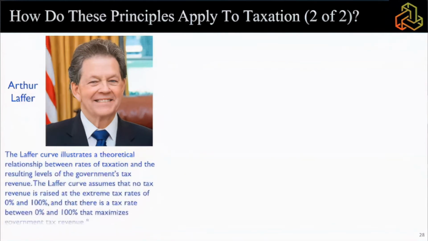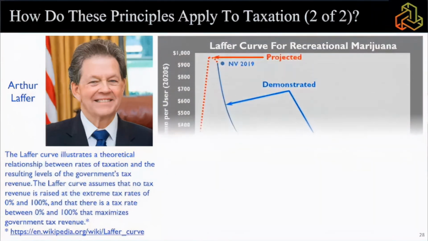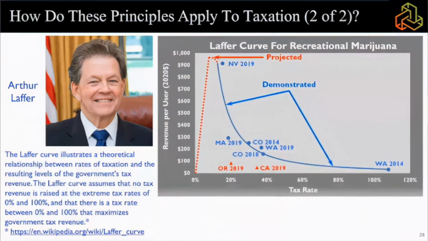And what he was trying to show here, I think it was originally to President Reagan, was that if you set the tax rate to 100%, you're going to get no tax revenue. If you set it to 0%, you get no tax revenue. But somewhere in between, you can get maximum tax, if that's your goal. Well, let's take a look at the recreational marijuana tax rates and the revenue per capita over a period of time here.